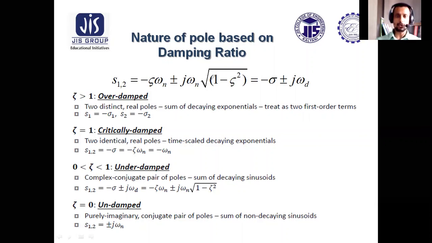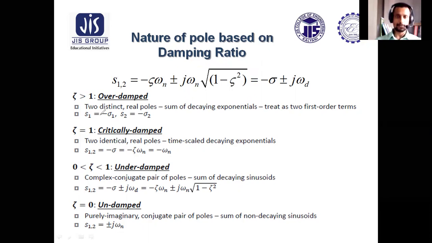Based on this equation, we can say what the pole location should be if zeta is greater than 1. If zeta is greater than 1, then the square root of zeta squared minus 1 part will be a real part, because a j part would be j squared. So a real part plus or minus a real part will always be a real quantity.